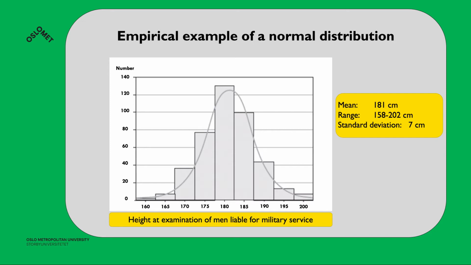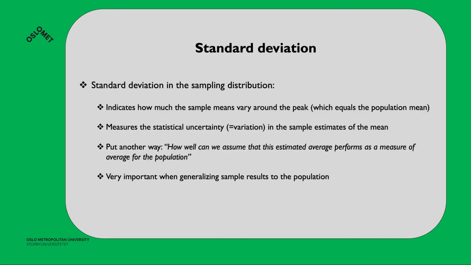So let's talk a bit more about the standard deviation, because the standard deviation in a sampling distribution really indicates how much the sample means vary around the peak in a normal distribution, and the peak in a normal distribution equals the population mean.